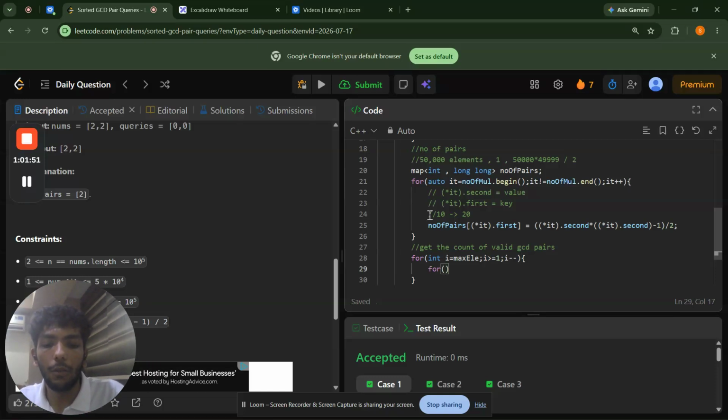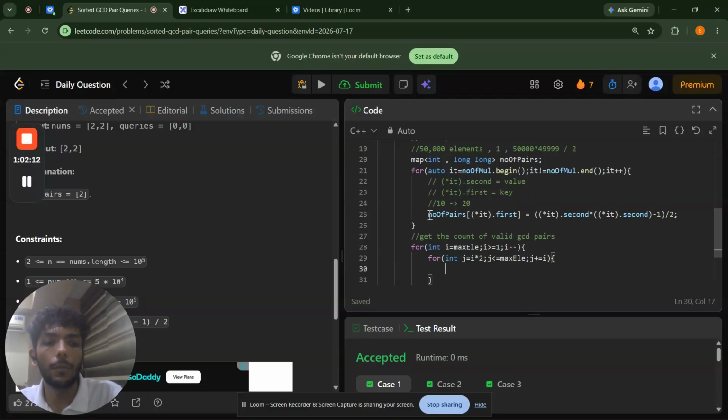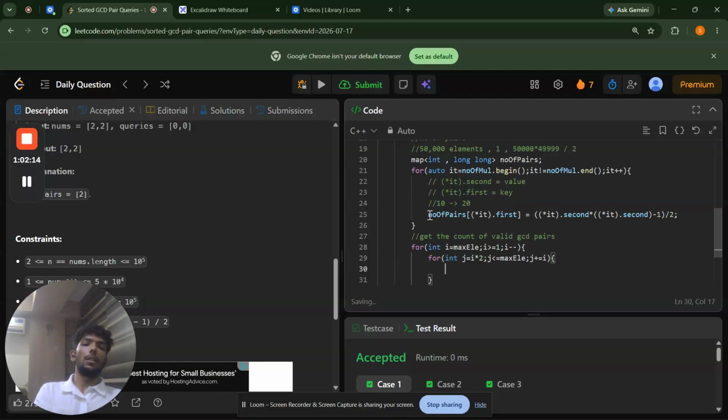Now we'll do it for its multiples. We do not start from the number itself. j equals i star 2. j less than or equal to max element and j plus equals i. For int j, multiples are checked.